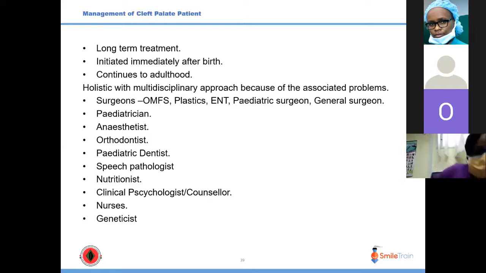The patient may also need to be treated by the orthodontist, and therefore we need a holistic approach with a multidisciplinary treatment for the patient because of the multiple associated problems, as we have said. And this is the list of the multidisciplinary team. In our hospital, we don't have a geneticist.